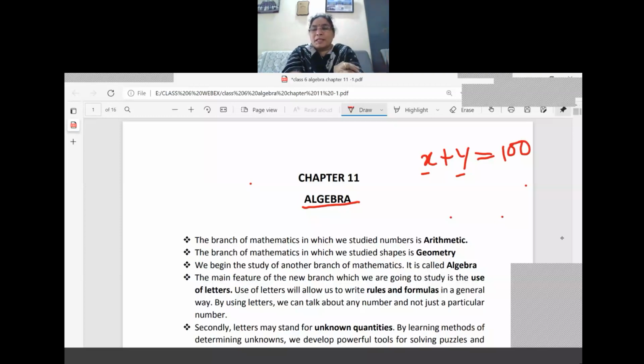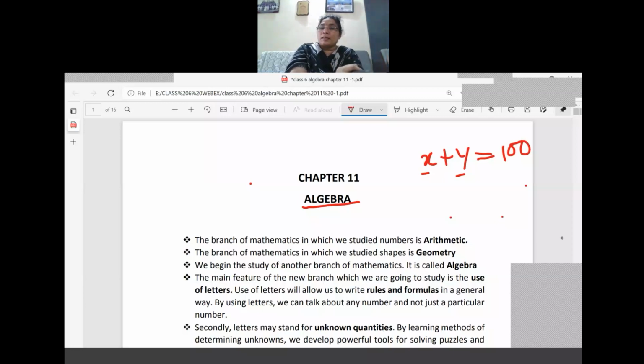The branch of mathematics in which we study numbers is arithmetic. That means when you are saying 2 plus 3, when we are saying 10 into 15, there you are dealing with the numbers only. We are calling it arithmetic. In the lower classes what we have studied is called arithmetic.